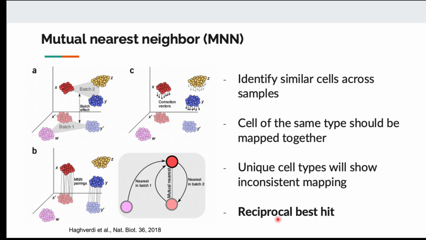This is also called reciprocal best hit or mutual nearest neighbor. So this can tell us that these two genes or these two cells that have the similarity mapping back and forth between each other are the same cell type or the same gene. So that's one technique, one idea that we can use to map genes across batches.